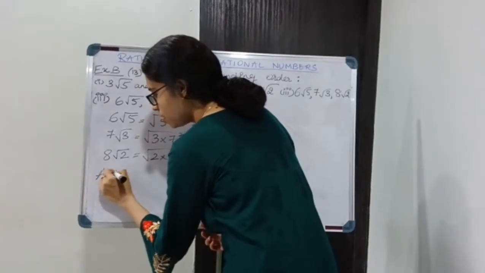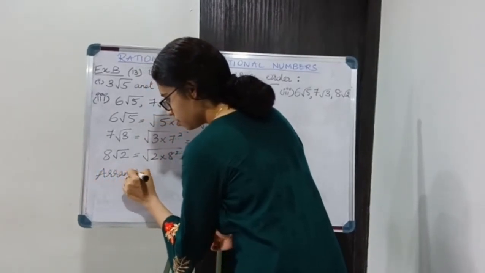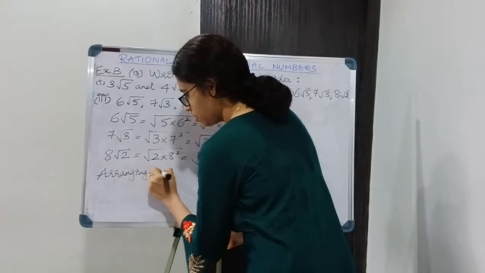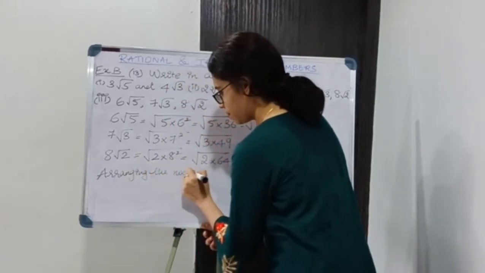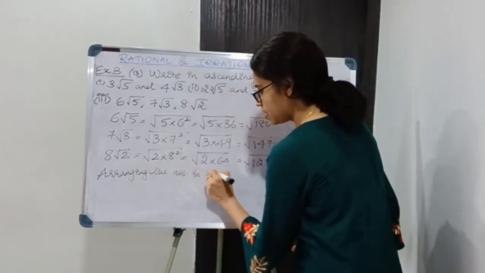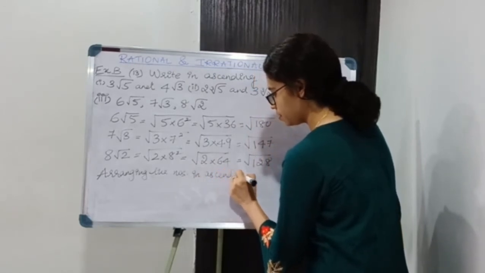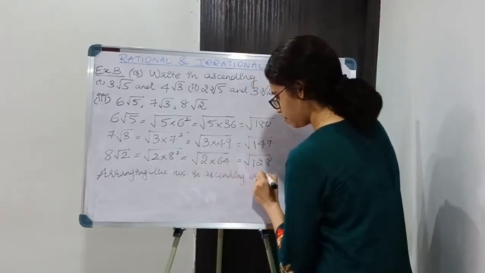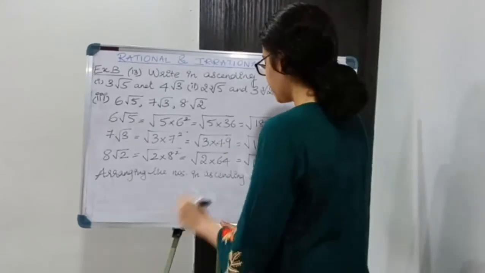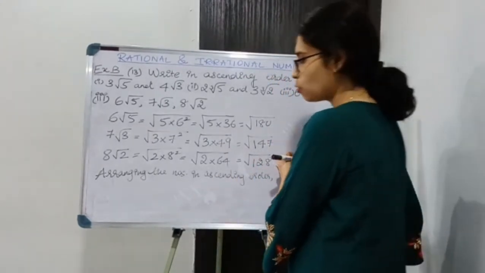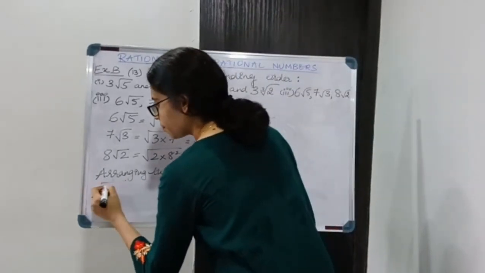So arranging the numbers in ascending order. The lowest number is root of 128.